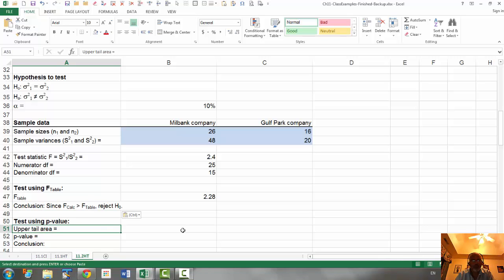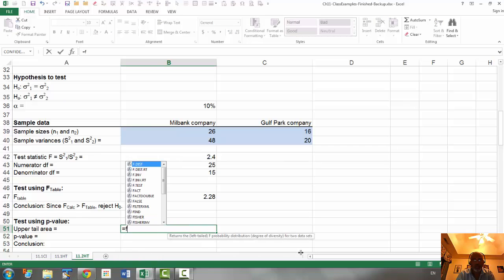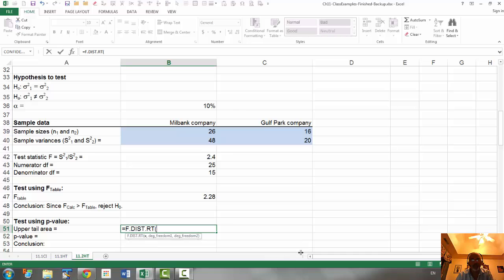Now we can do the test using the p-value. For the p-value, again, you need to consider whether the numerator is larger than the denominator or not. In this case, it is larger. So we use F.DIST.RT, and the F statistic value and the two degrees of freedom, this will give us the upper tail area.